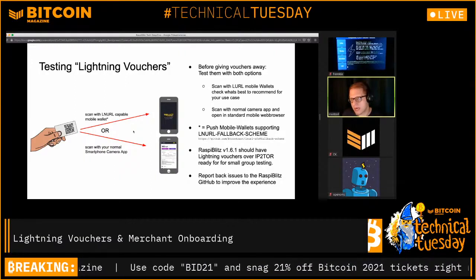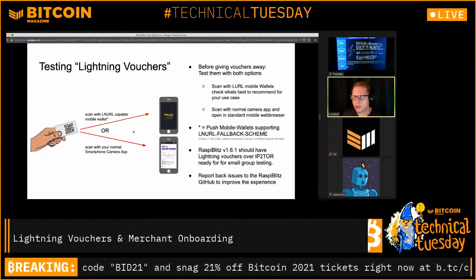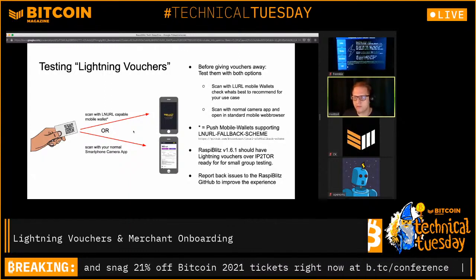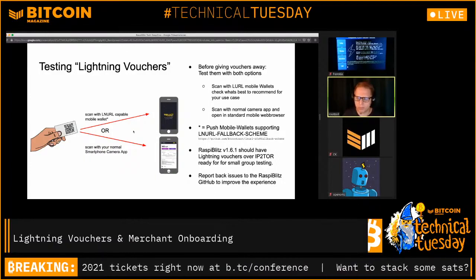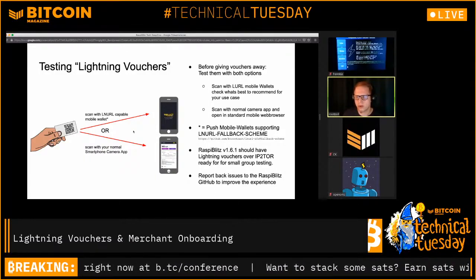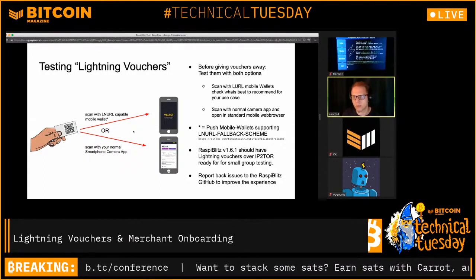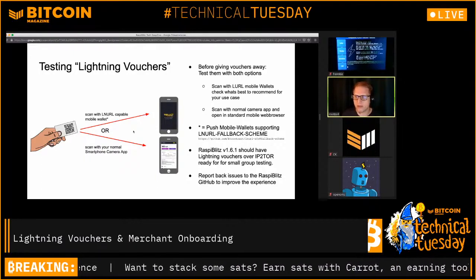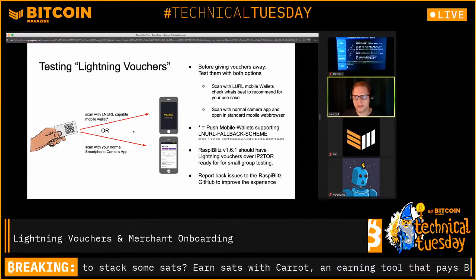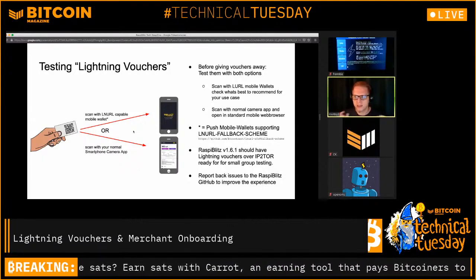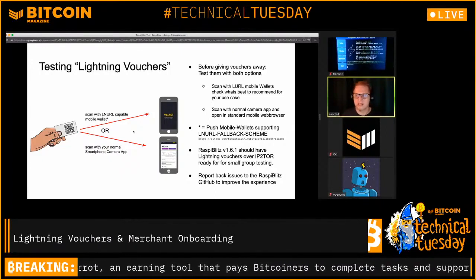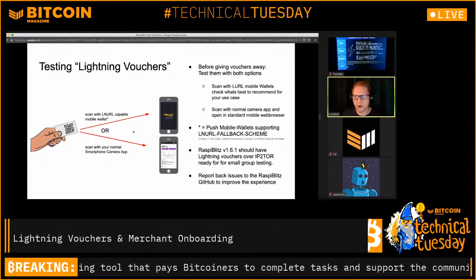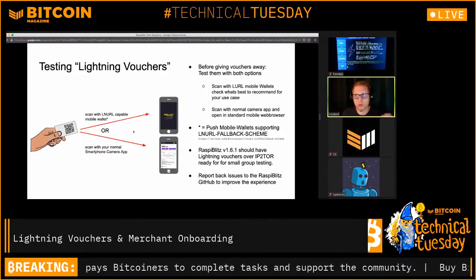And again, start small. Maybe just try it out in your meetups, with your friends, or at home just for yourself, and see if this is working. Where stuff is still not working, please report back to our Raspberry Blitz GitHub so that we can fix especially the technical bugs. And then of course, and this is really up for everybody, there is the host experience: the flyer designs, the letters. This is all stuff we now have to figure out, what works best, because this is social communication.